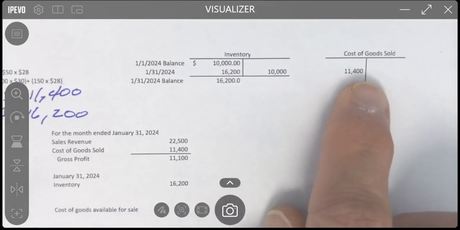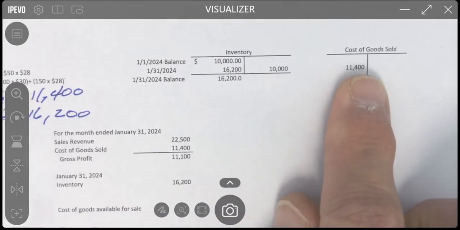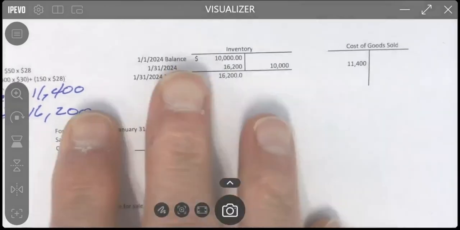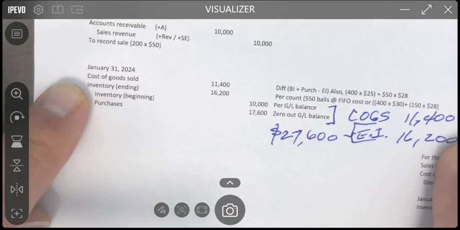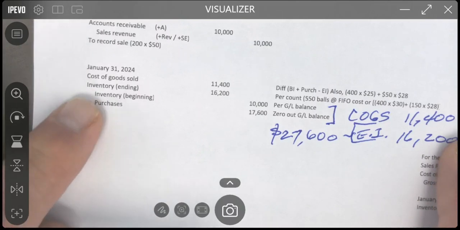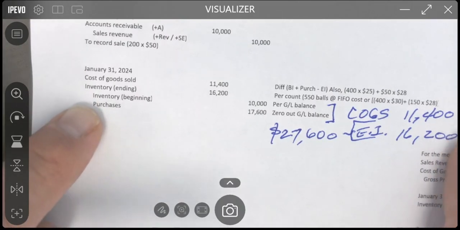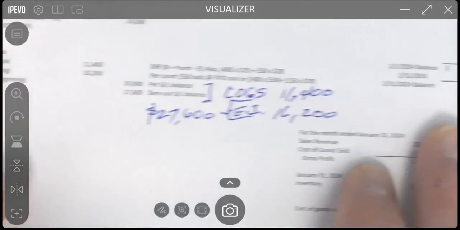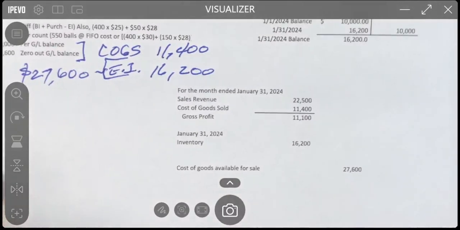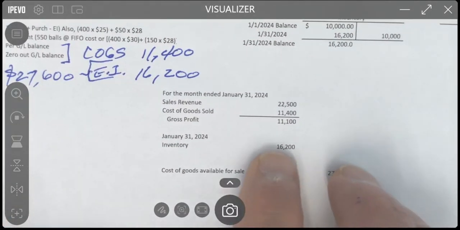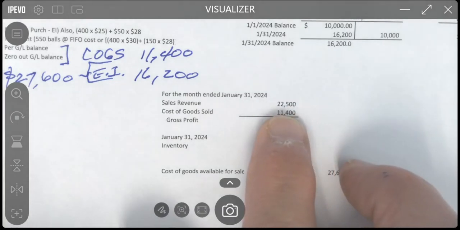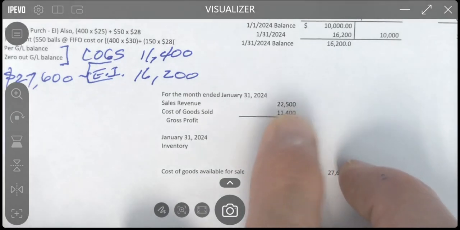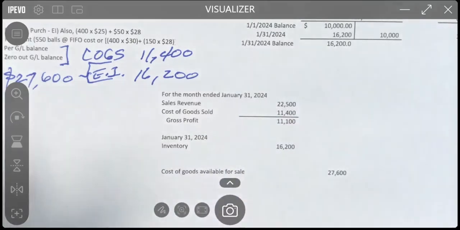And there's the cost of goods sold from the adjusting journal entry, 11,400, which again is just the posting of these two debits and the posting of these two credits. And so there are your financial statements, the ending inventory of 16,200 and the cost of goods sold of 11,400.